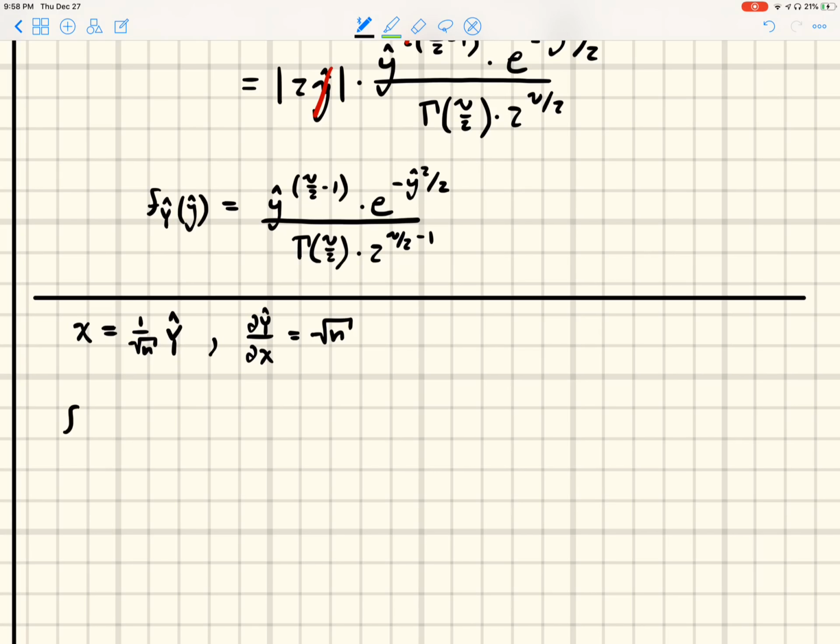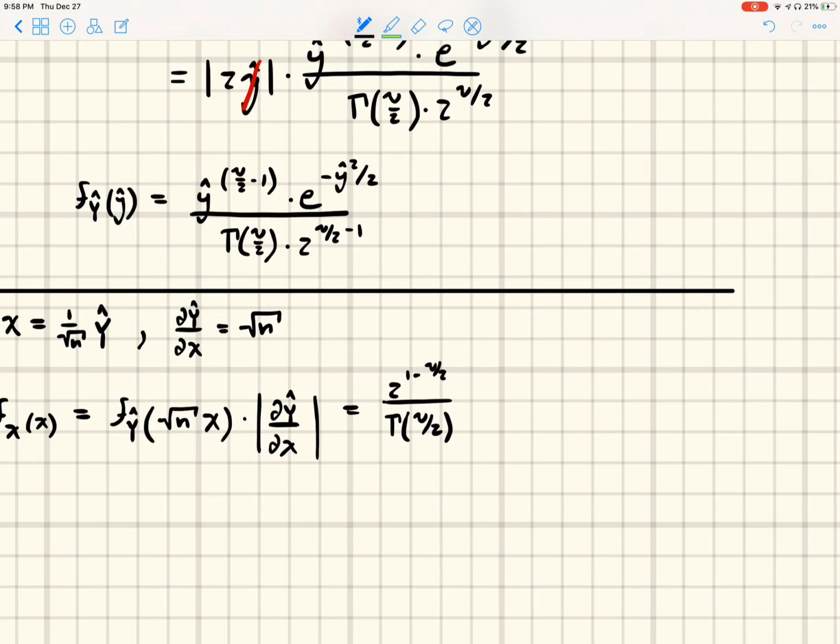And we're going to define now our new probability density function in terms of the old with a new argument and this absolute value. And then we're just going to simply evaluate this. And this turns out to be this value. And you can check this arithmetic, or algebra, it's all fairly simple.